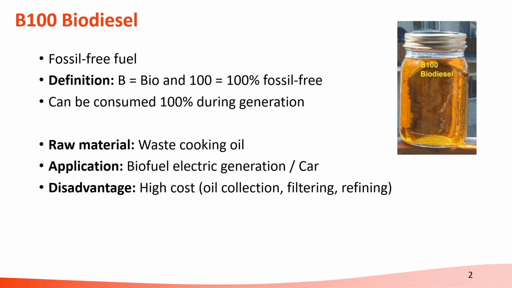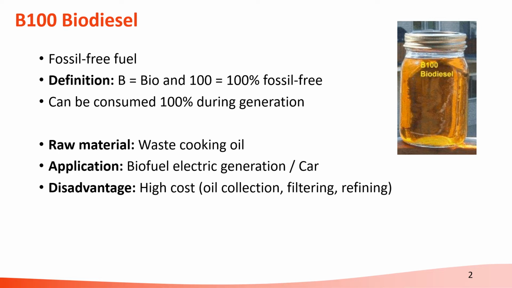In Hong Kong, the zero carbon park is using a biomass tri-generation system to generate power for the zero carbon park and the power grid. The biomass fuel for the power generation is B100 biodiesel.